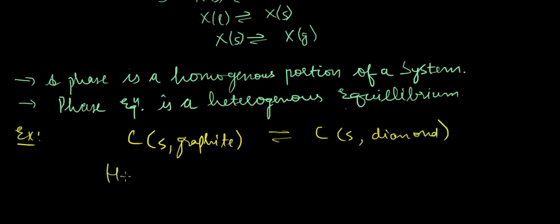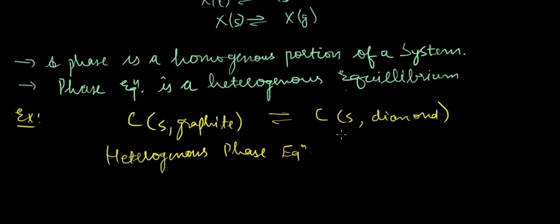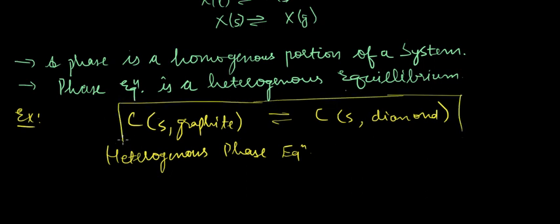So this is a heterogeneous phase equilibrium, because they look different when placed in a mixture, or from the mixture you can identify that they both have different appearances.